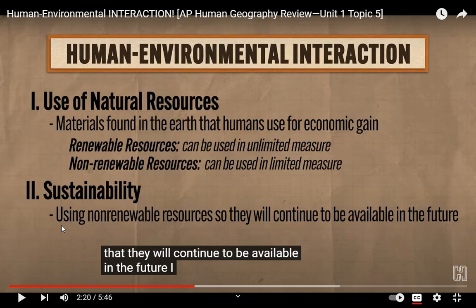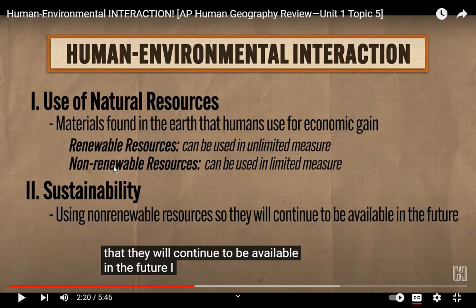So maybe some people think that driving an electric car is being sustainable. Sustainability is being environmental. That's the easiest way to remember it. When you're being sustainable, you're considerate of the environment.